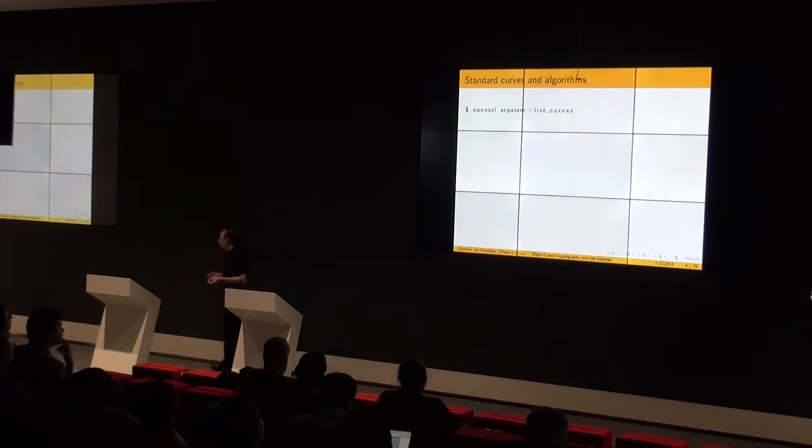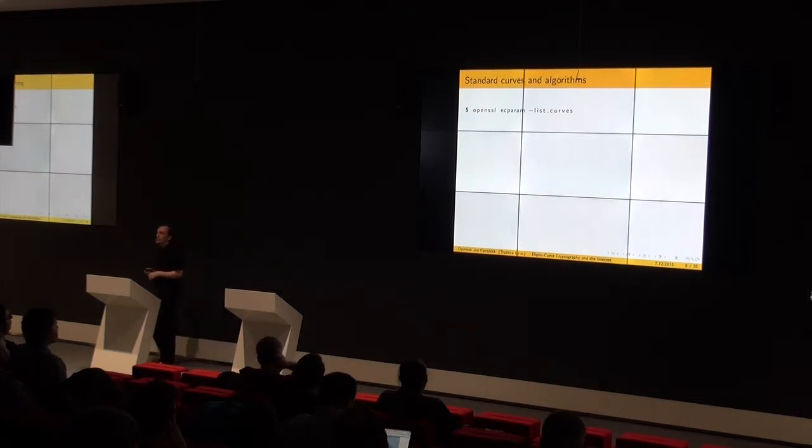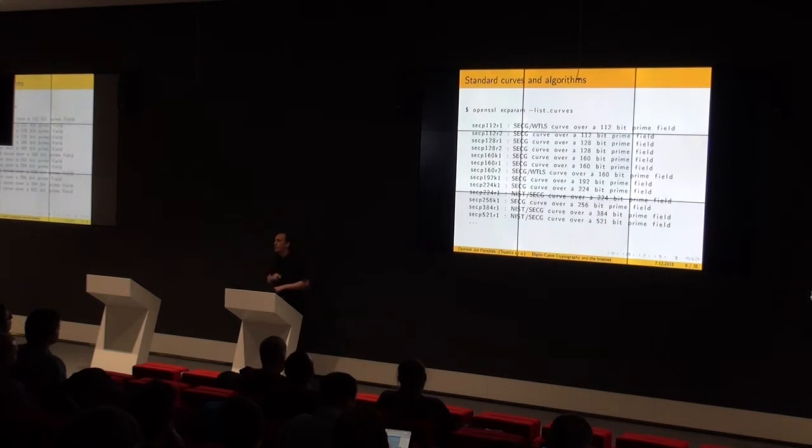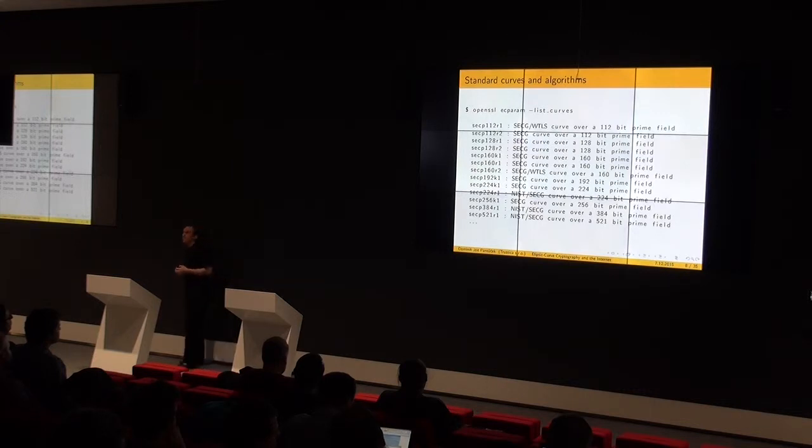So, if you want to look for yourself, and you are running a Unix-like operating system like Linux, Mac OS X, or something like that, you got OpenSSL, which is a terrible library but a neat utility. You just run this command, and it will show you available parameters of the curves. The list goes something like this, and as you can see, there are many SECG approved curves, some NIST approved curves.